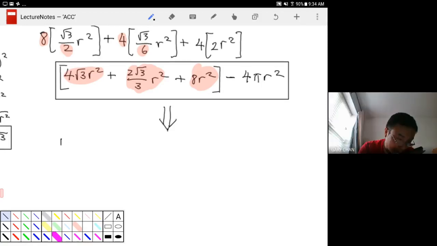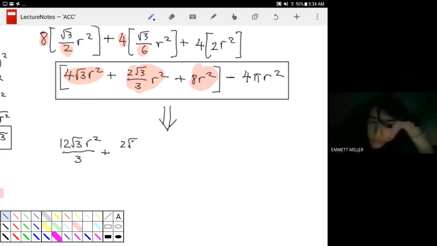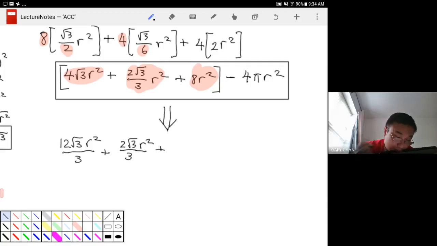So I'm left with 12 over 3. Do I need to multiply the second term by anything? No. Do I need to multiply the last term by anything? Yeah, 3. So it's 24 r squared over 3, okay?